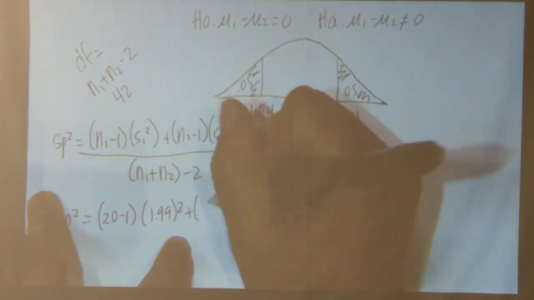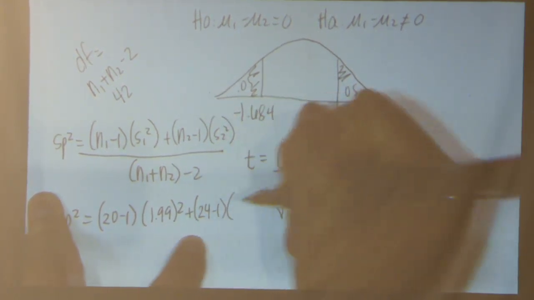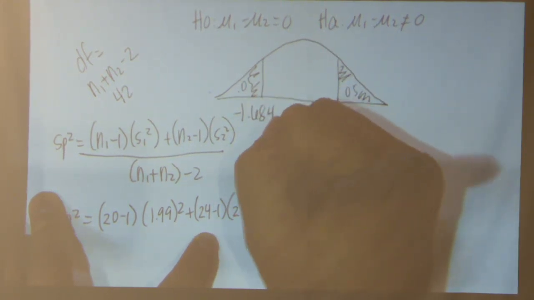Add that to n2, 24 minus 1 times its standard deviation, 2.13 squared.